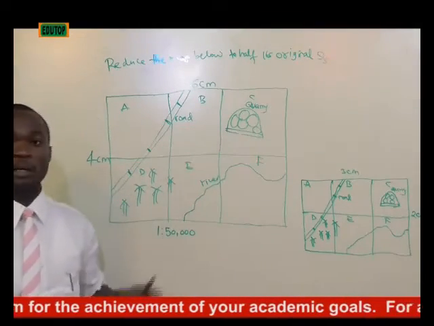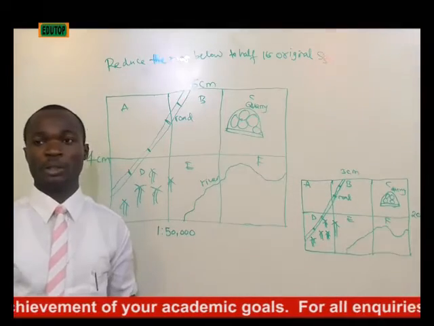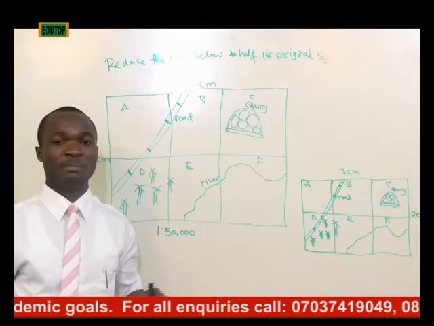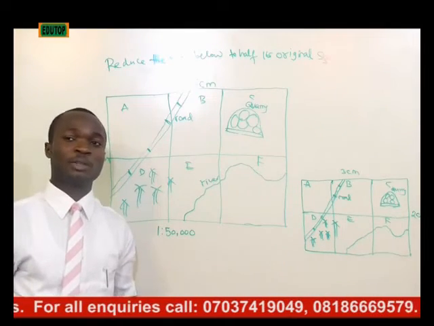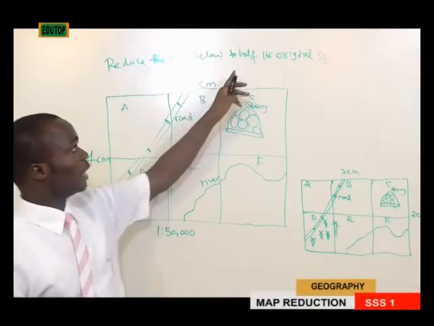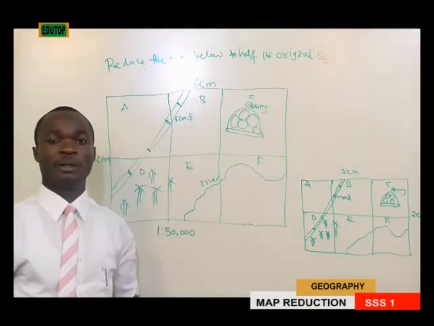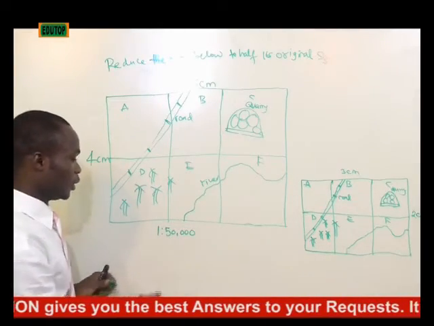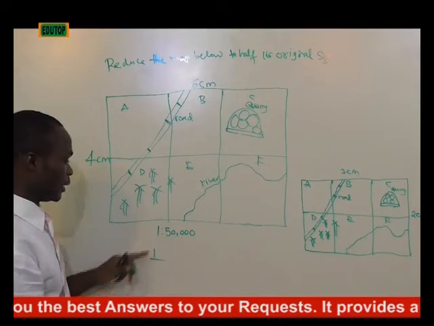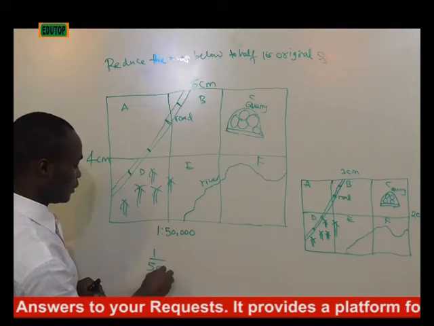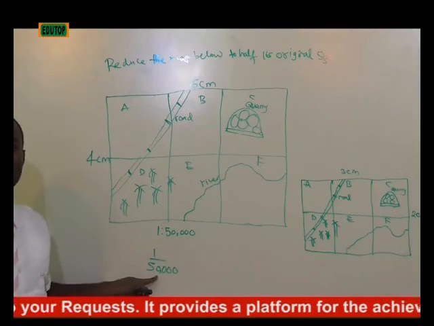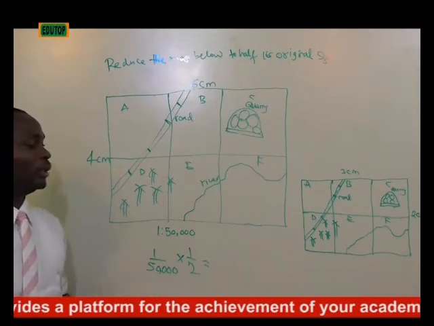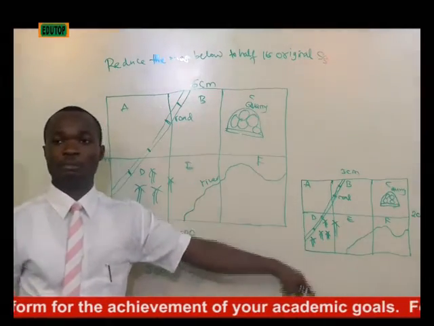So to get the scale of the new map, you multiply the old scale by the number of times you are requested to reduce the map. From the question, we are asked to reduce the map to half of the original size. So you multiply 1:50,000 by half. That will give you the new scale of the reduced map.